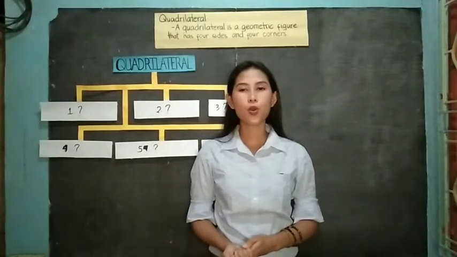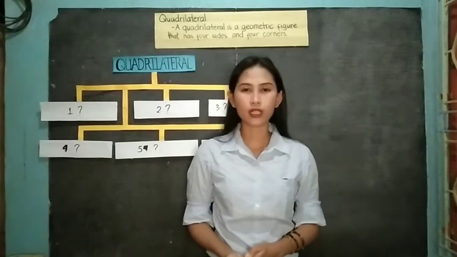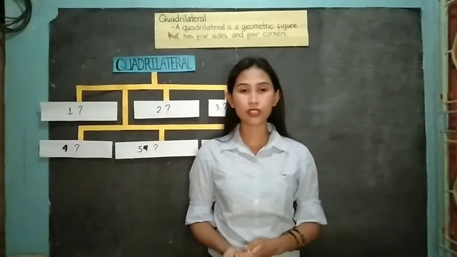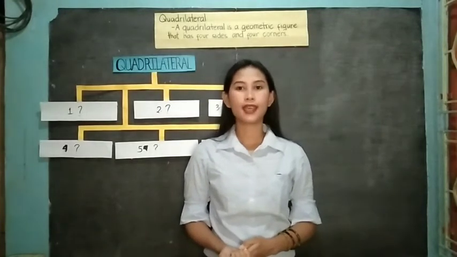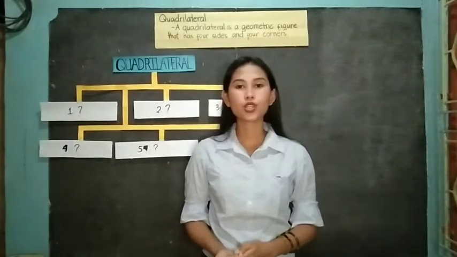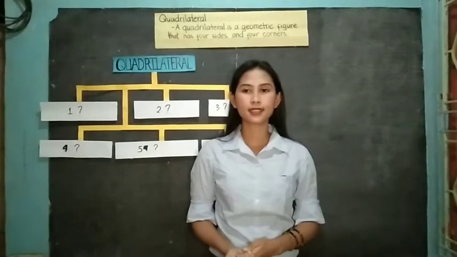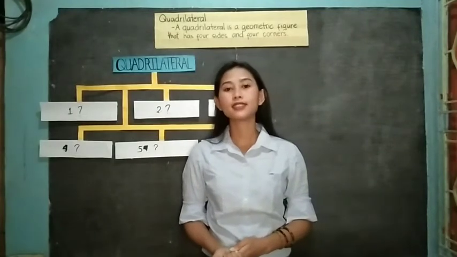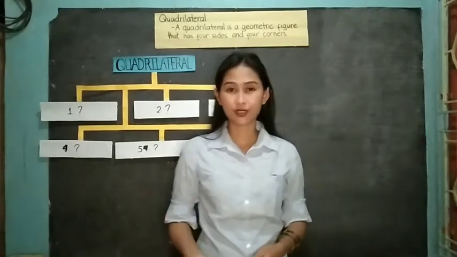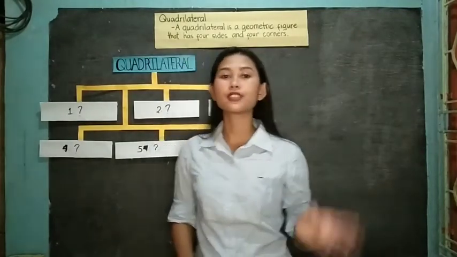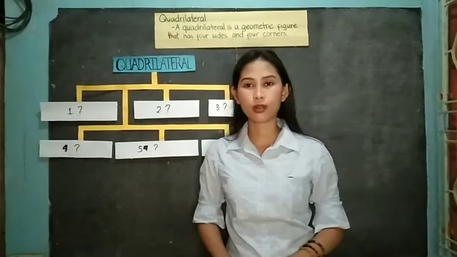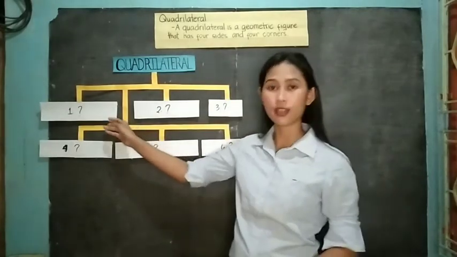Now, what do we call a quadrilateral that has 2 pairs of parallel sides? Yes, Angel. That's correct. So the first son of King Quadrilateral is parallelogram.